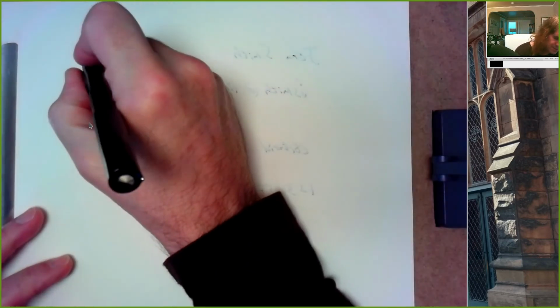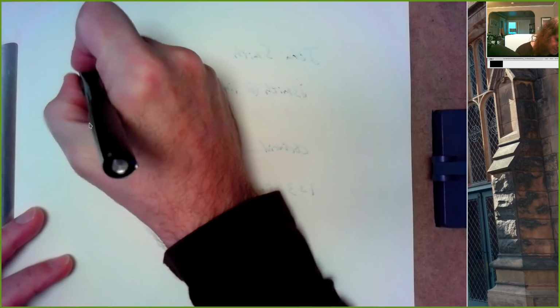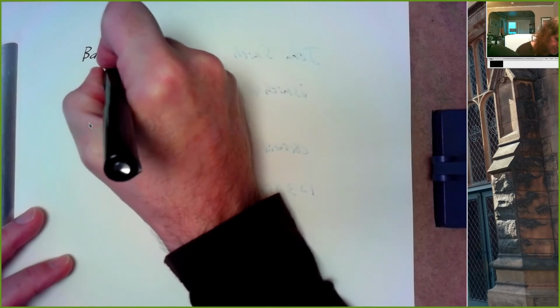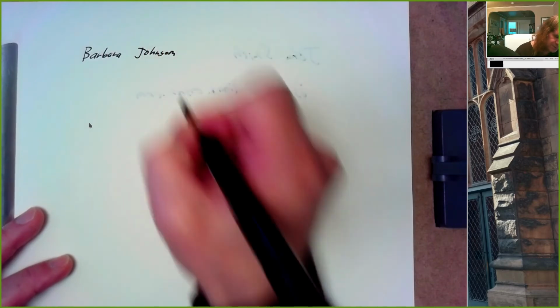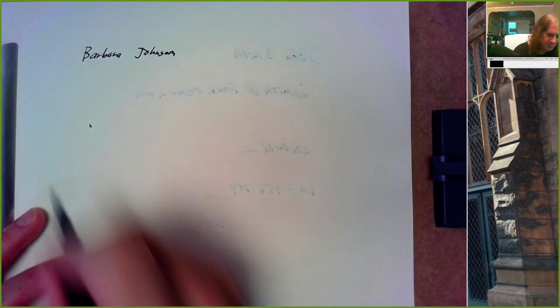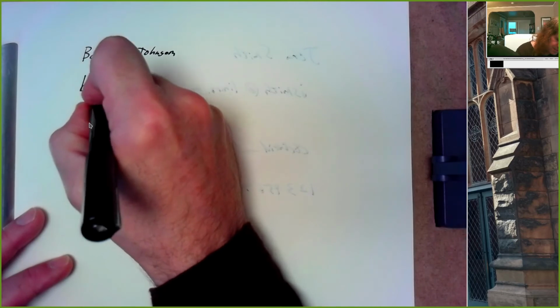All right, so let's get into this stuff. Let's do Linux access. And again, I'm going to go through this assuming that you have not logged into the Linux server before. If your name is something like Barbara Johnson, your username is bjohnson.